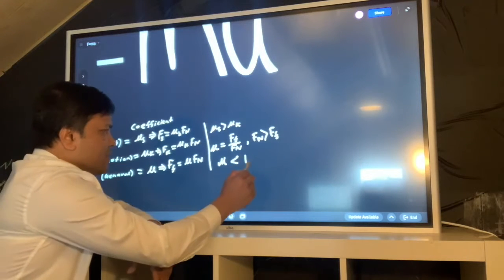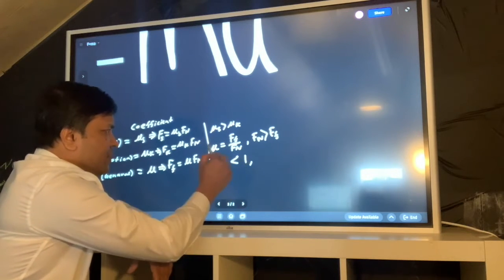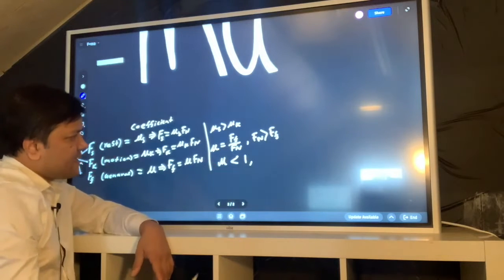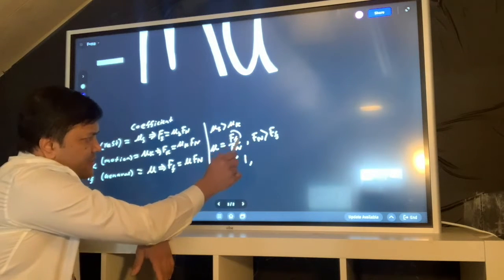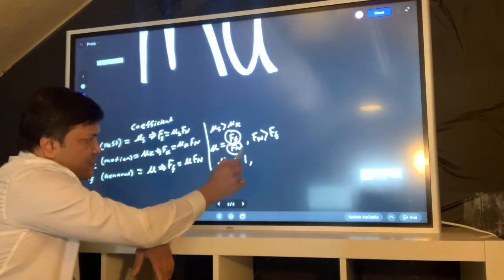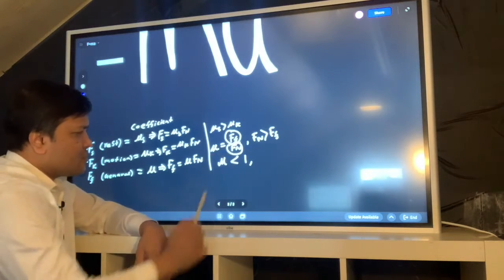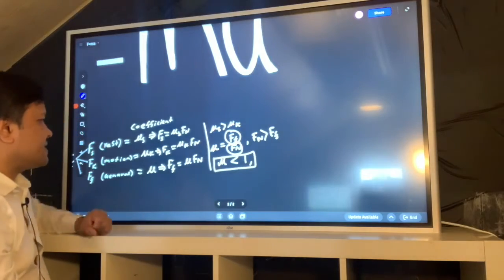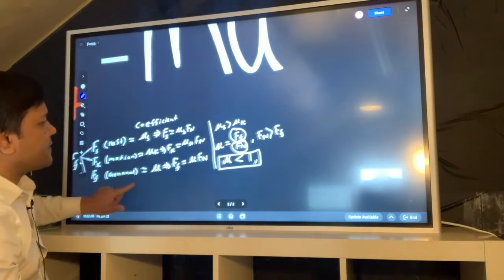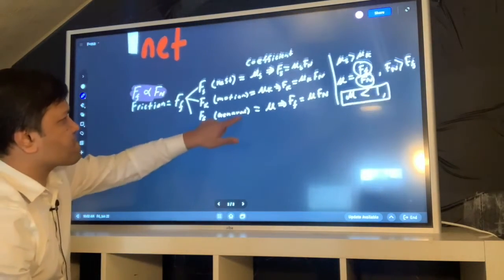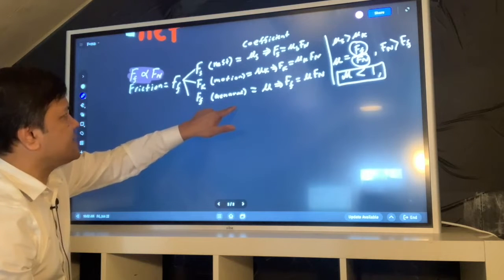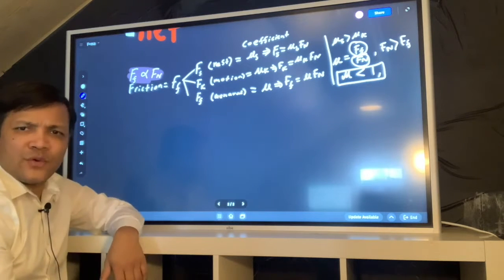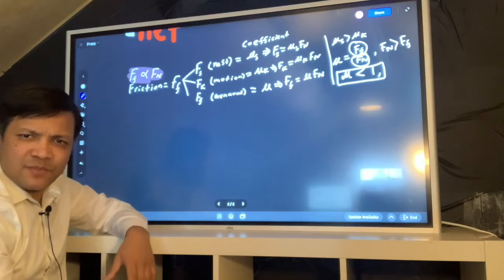And the unit for mu is nothing. There is no unit for mu. Why is that? Because this is force and this is force, so the Newton cancels with the Newton, so mu does not have any unit, and mu is always less than 1. Okay, with this understanding, hopefully we can now create some problems.